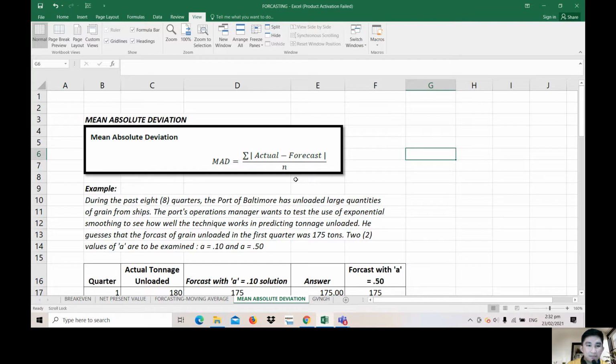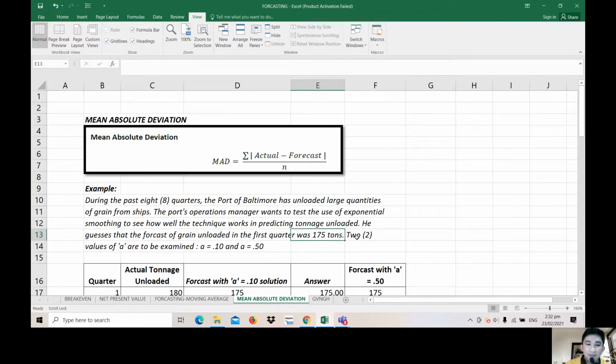So we have here an example. During the past 8 quarters, the port of Baltimore has unloaded large quantities of grain from ships. The port's operations manager wants to test the use of exponential smoothing to see how well the technique works in predicting tonnage unloaded. He guesses that the forecast of grain unloaded in the first quarter was 175 tons.